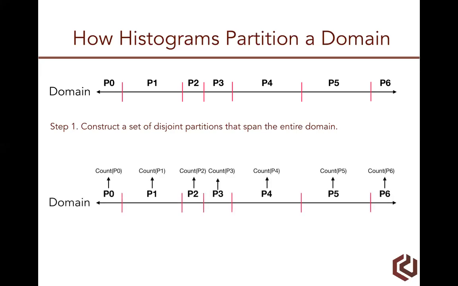Step two is we're going to take those disjoint partitions and calculate some sort of an aggregate statistic that represents the data in that partition. For example, like in the histograms that I showed you, we're just calculating the count. We're calculating the frequency in each one of those partitions. So step one, we take a domain, break it into disjoint partitions. Step two, we summarize the data within the partitions with an aggregate statistic.